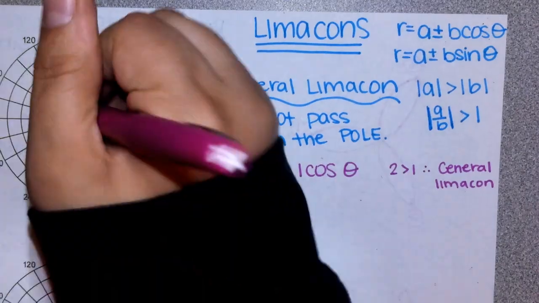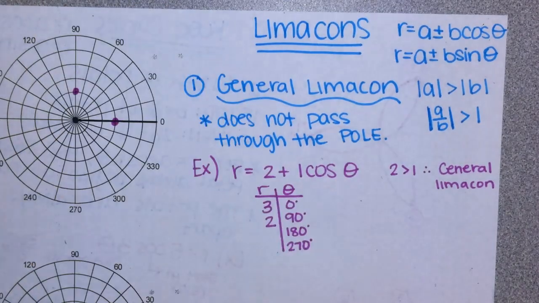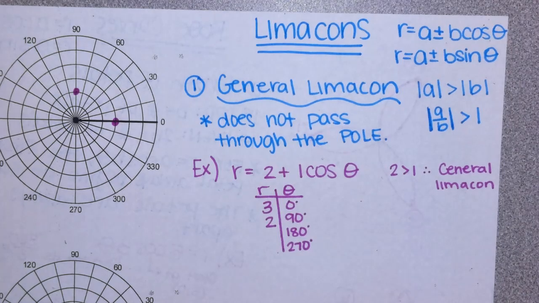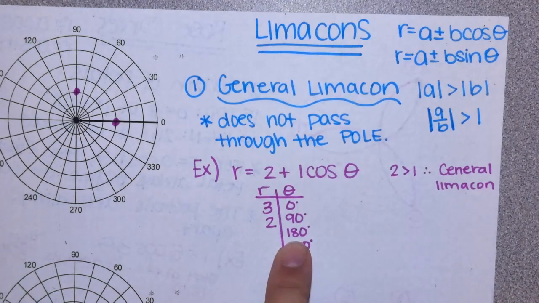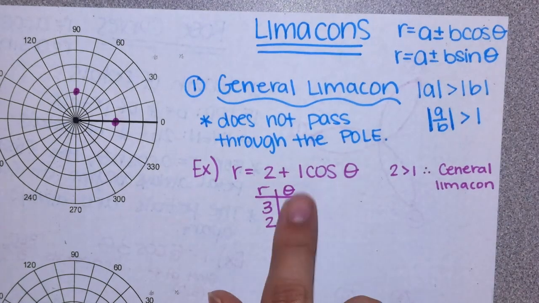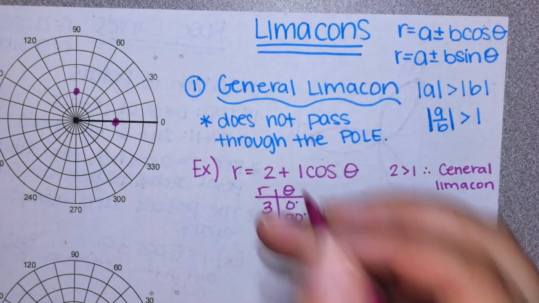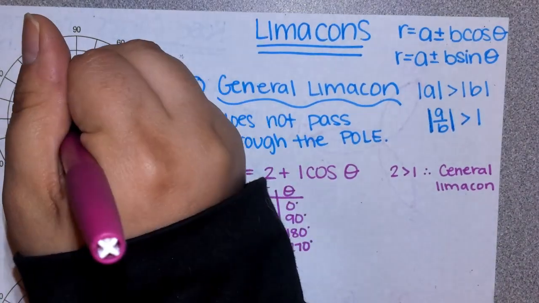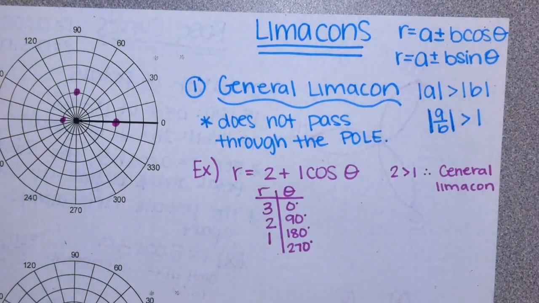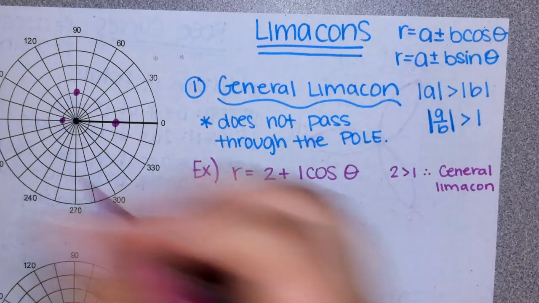Please plot 2, 90. Does everybody see how I'm coming up with these points? I'm just plugging into theta. The cosine of 180 times 1 plus 2. And the cosine of 270 plus 2 is 2.